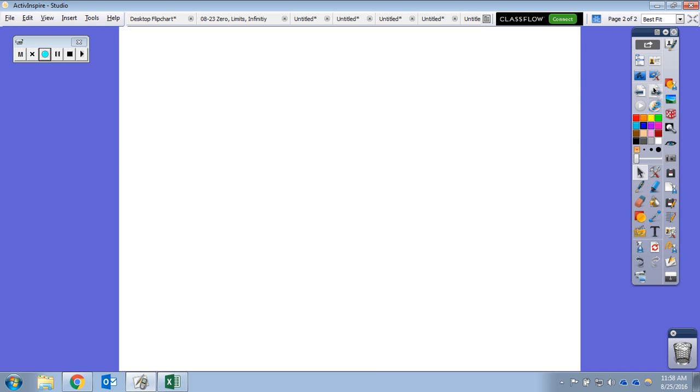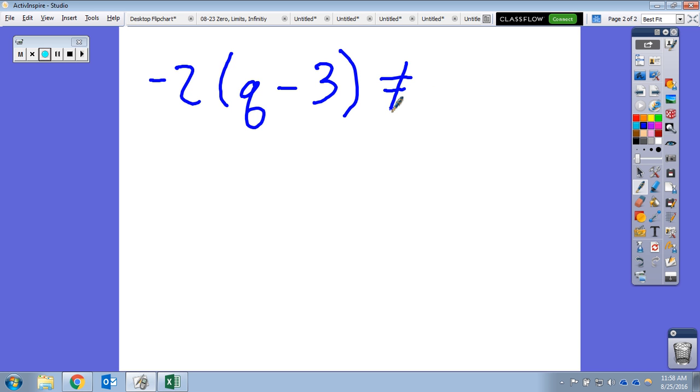We have -2 times the quantity q minus 3, which is a different statement than -2 times q minus 3. So you have to put q minus 3 in quotation, exactly, very good. Because it's -2 times the quantity q minus 3, which is completely different than if we just did this, depending on how we read it.